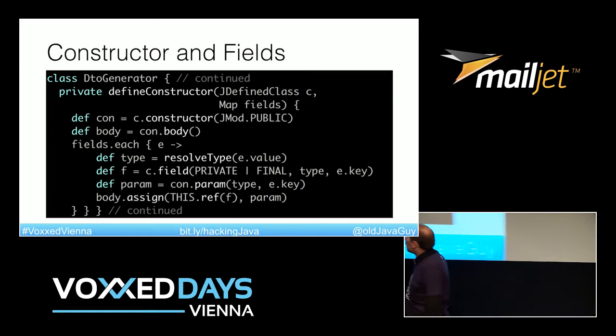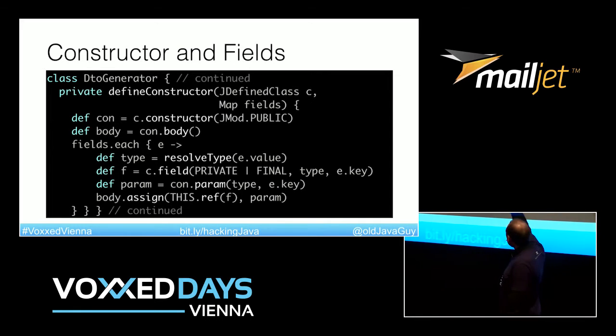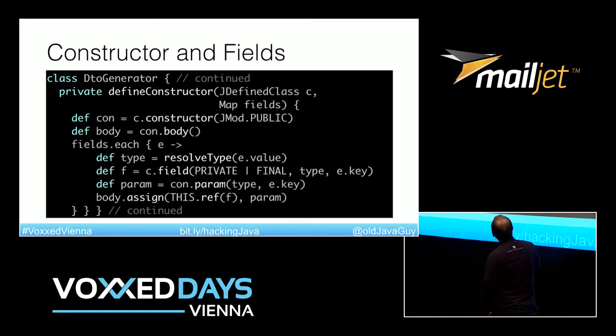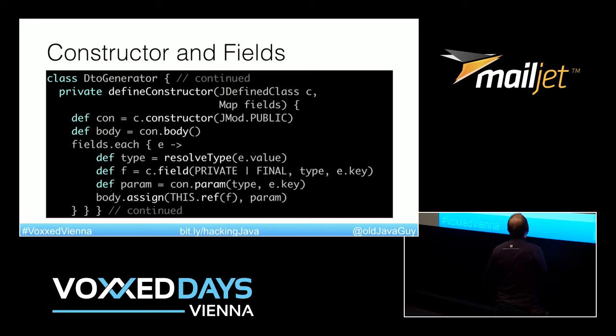So I'm creating a constructor with public modifiers, and the constructor has a body, and I'm using a map of fields. This is Groovy code, so the map doesn't have generic parameters, but I know that it's from string to object.